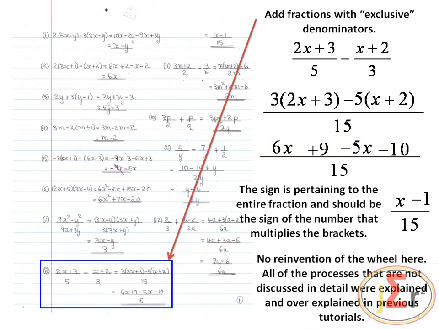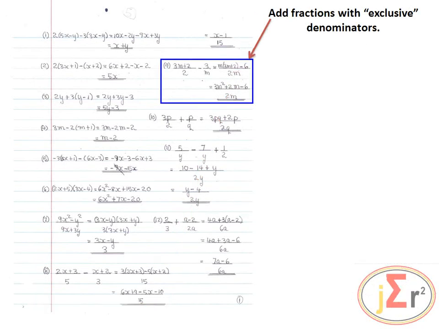No reinvention of the wheel here. All of the processes that are not discussed in detail were explained and over-explained in previous tutorials. And we will add again fractions that we call fractions with exclusive denominators.